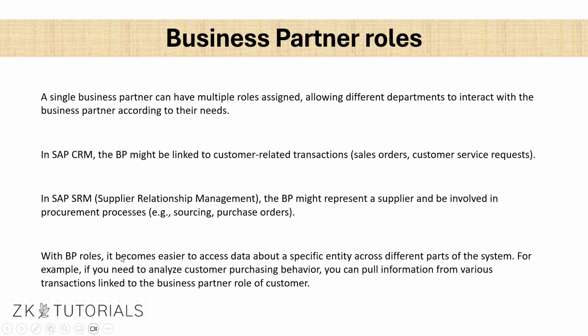With BP roles, it becomes easier to access data about a specific entity across different parts of the system. For example, if you need to analyze a customer's purchasing behavior, you can pull information from various transactions linked to the business partner role of customer.